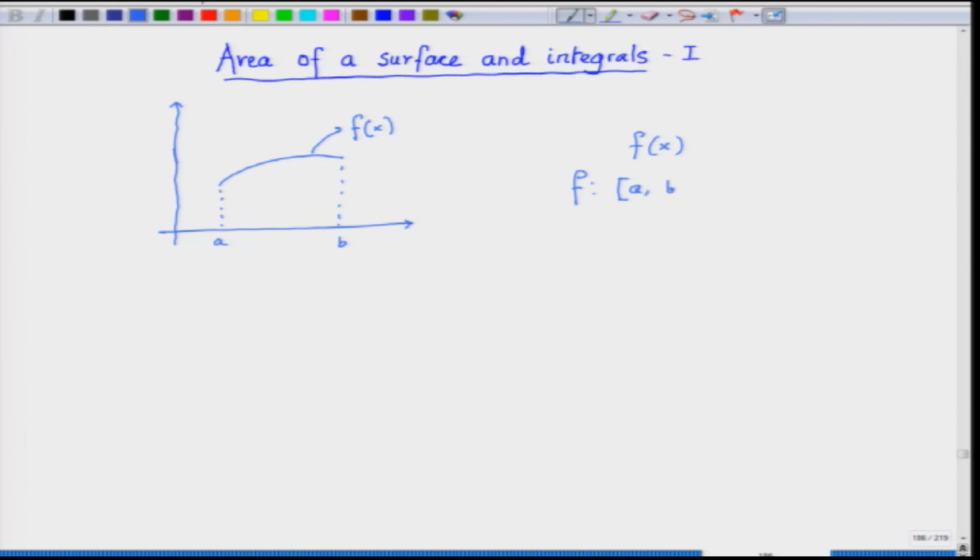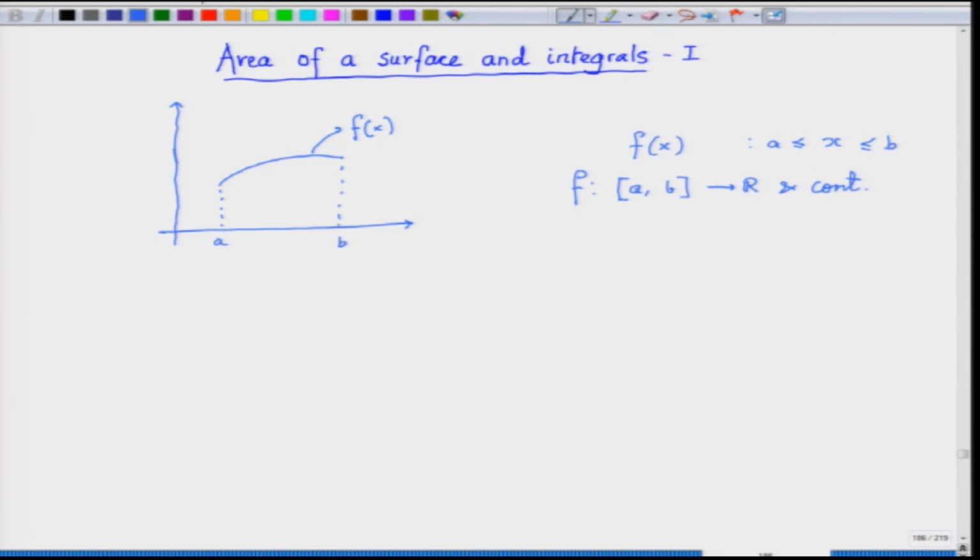Obviously f is defined from [a,b] to R. Here of course x is defined between a and b, and f suppose is a continuous function from [a,b] to R. I am writing in short, continuous.